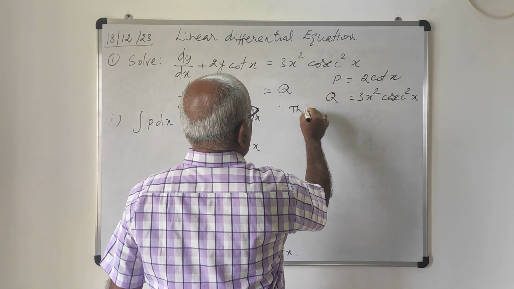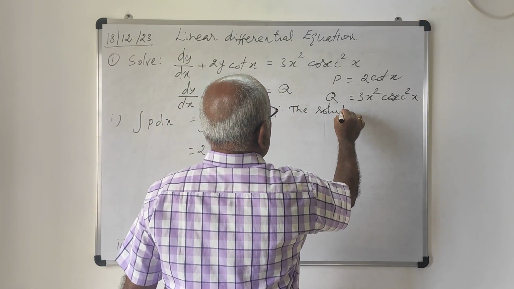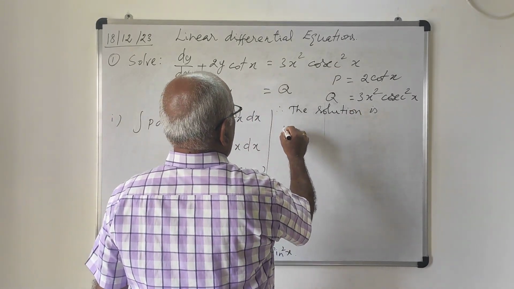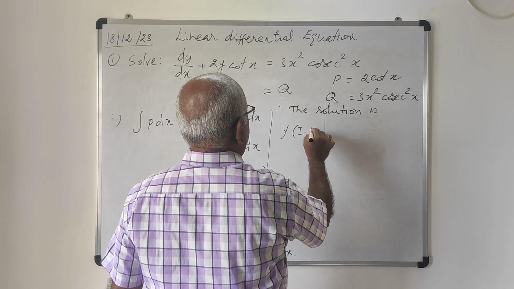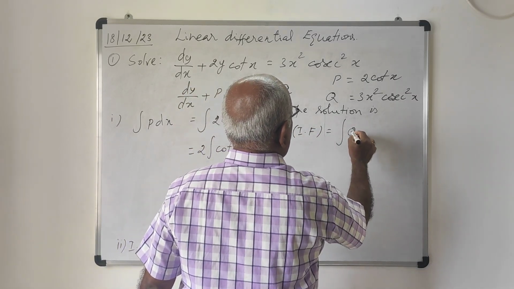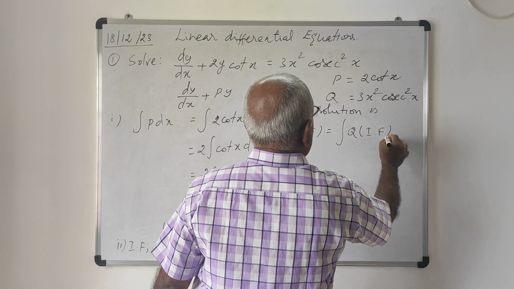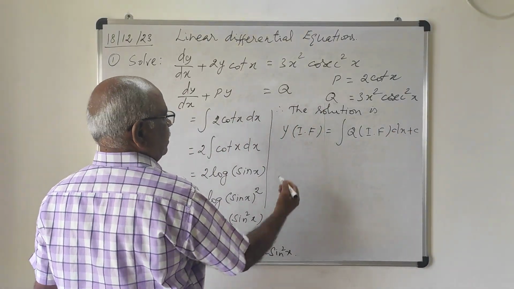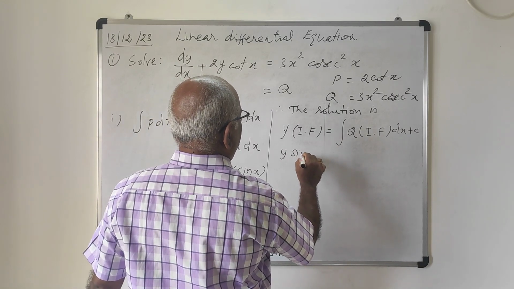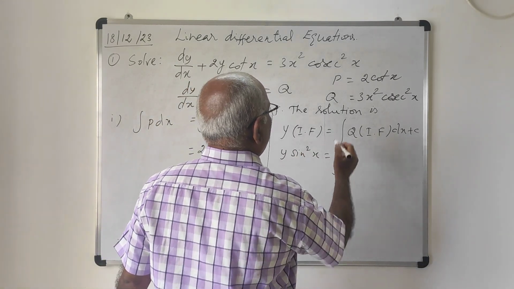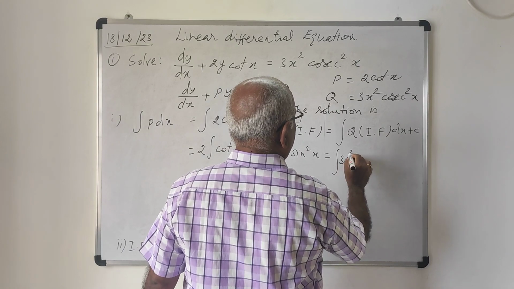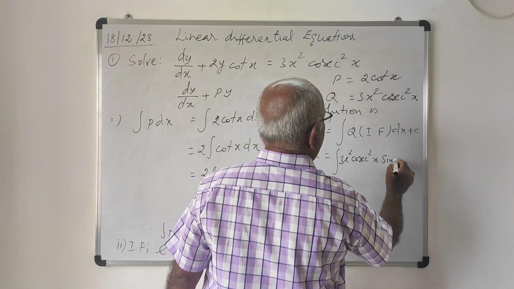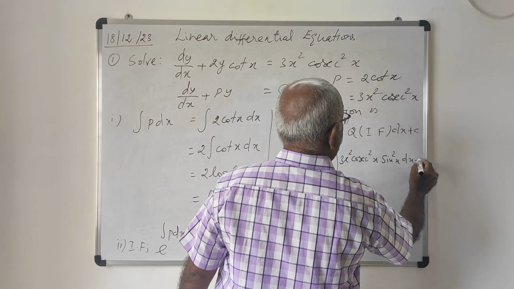Therefore, the solution of the equation is y into integrating factor equal to integral q into integrating factor dx plus c. That is y into sin square x equal to integral of 3x square into cosecant square x into sin square x dx plus c.